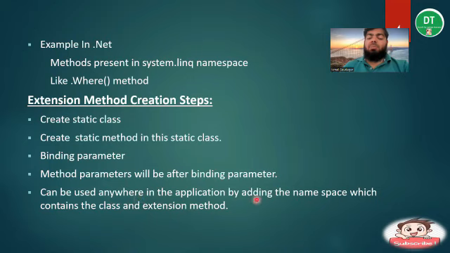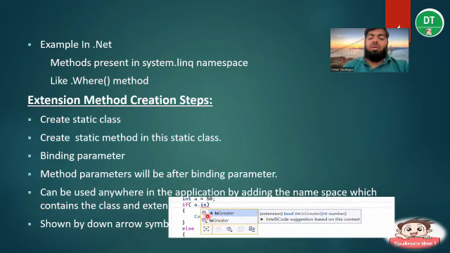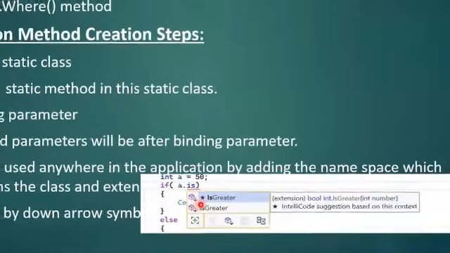In the other namespace I need to add my namespace reference, then I can use the extension method in the application at that place. When we try to call an extension method, in Visual Studio IntelliSense it shows a down arrow symbol for the extension method. As you can see here, IsGreater is my extension method and it is shown by a down arrow symbol.